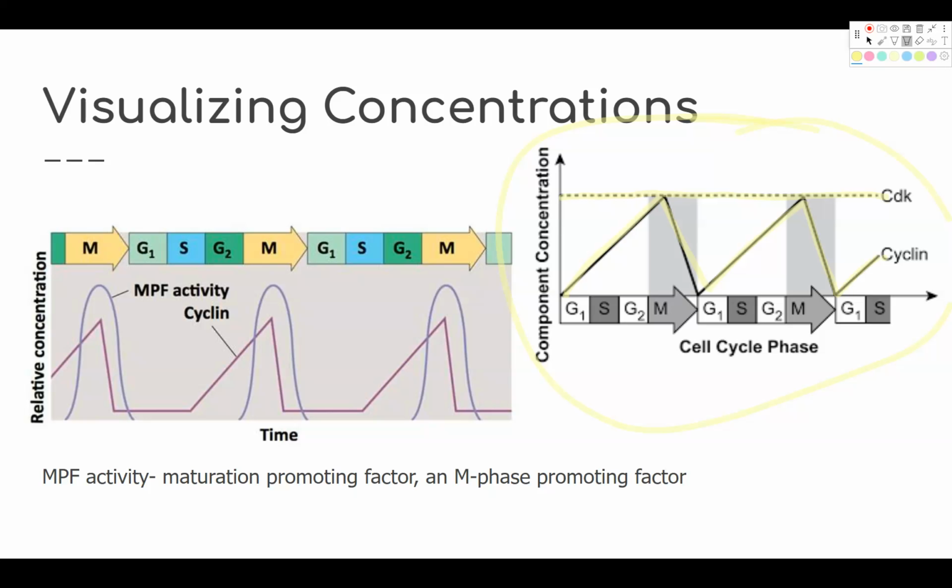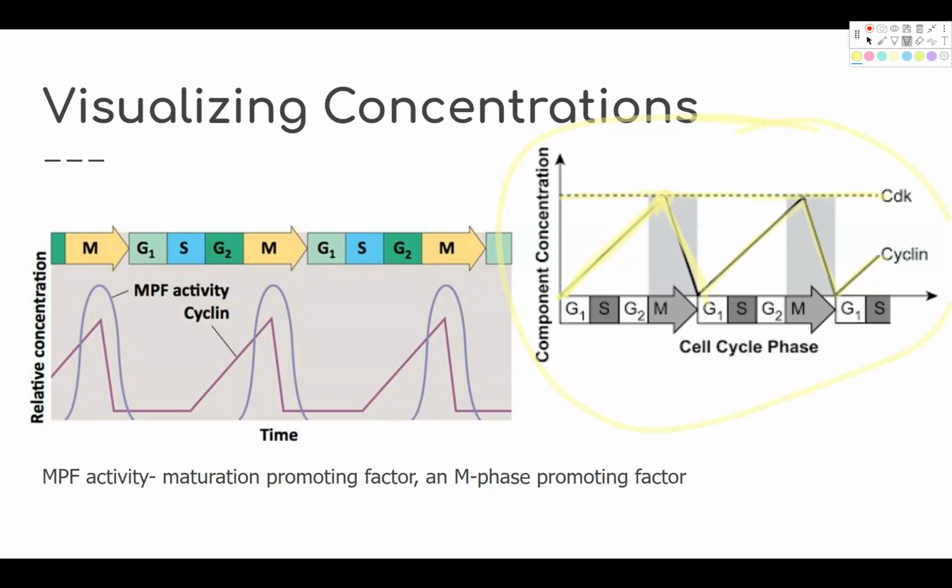Cyclins gradually increase in concentration in the cell, reaching an apex, or top point, in mitosis, or M phase. So as the cell is preparing for division, we're ramping up the concentration of cyclins. And as the cell divides, that concentration plummets.